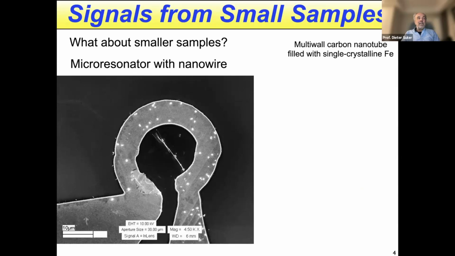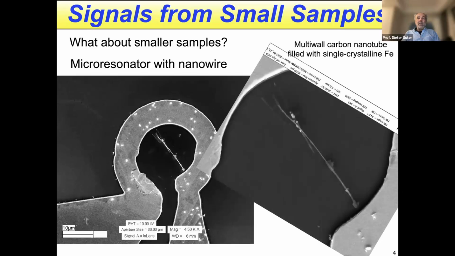This is a scanning electron microscope image of one of our smaller samples. This is a multi-wall carbon nanotube, which is filled with crystalline iron. This is actually not nuclear magnetic resonance, but ferromagnetic resonance or electron spin resonance.